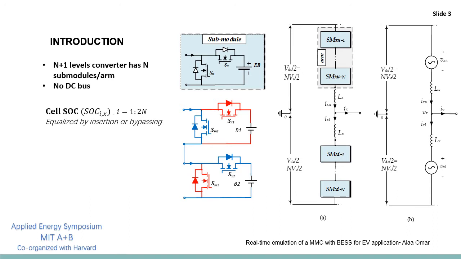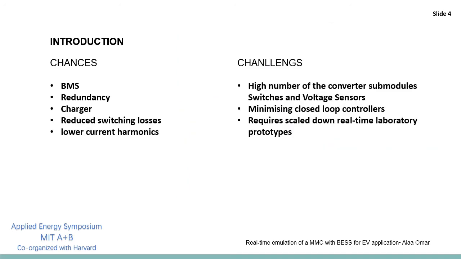There are some chances and challenges to drive the electric vehicle using the modular multi-level converter, as follows. The modular multi-level converter can be used to drive the electric vehicle motor, and at the same time, it can be used as a battery management system by insertion or bypassing of the submodule batteries, which gives redundancy in the operation of the converter, so that one of the batteries can be bypassed due to any operational aspect, such as high temperature.